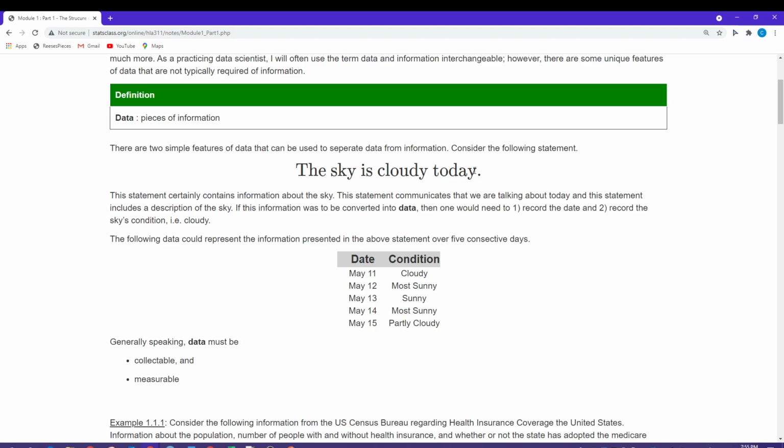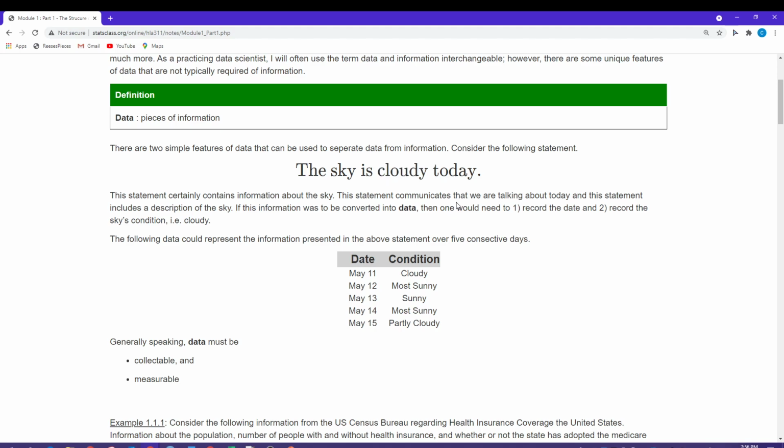If this information is to be converted into data, we're going to want to do a couple of different things. We're probably going to want to know what we mean by today, so we'll probably record the date. And also, we're going to want to record the sky's condition. So in that statement, it happens to be cloudy.